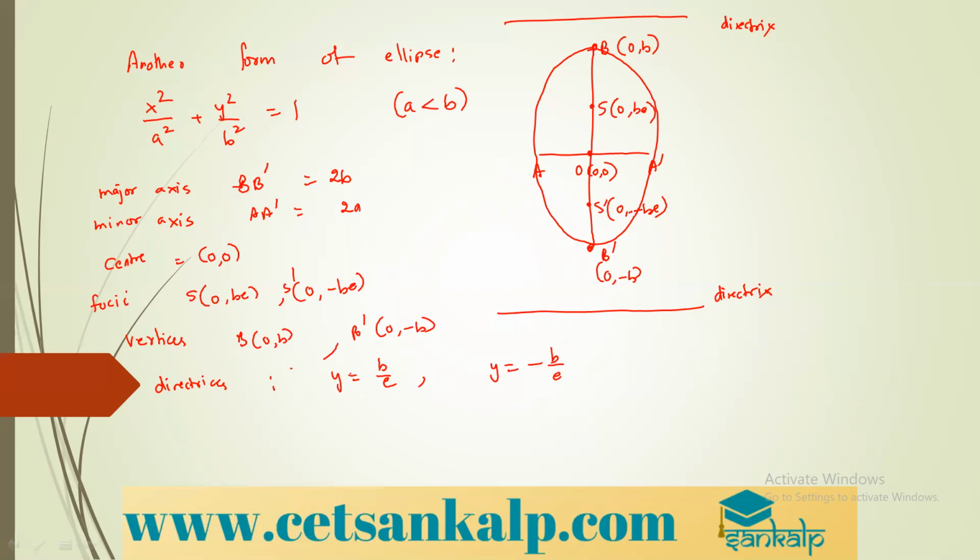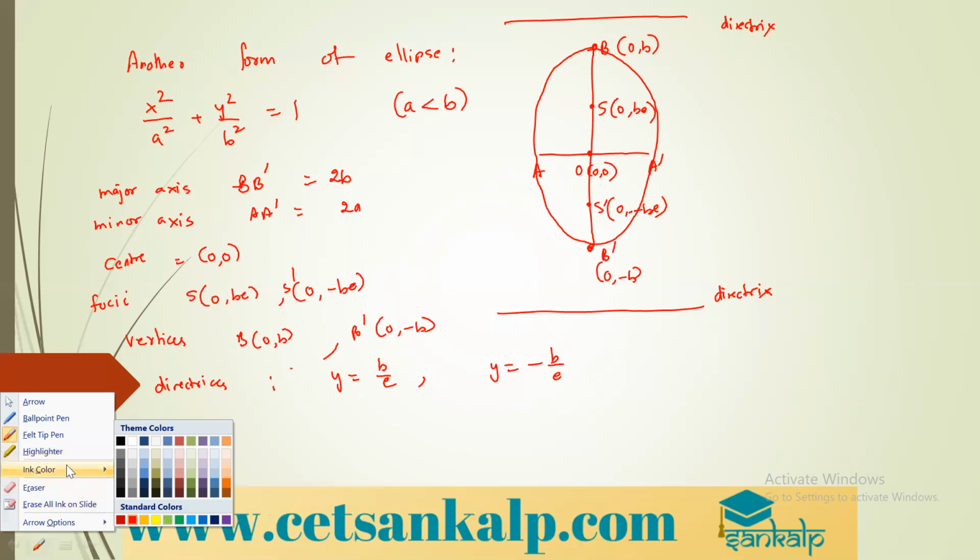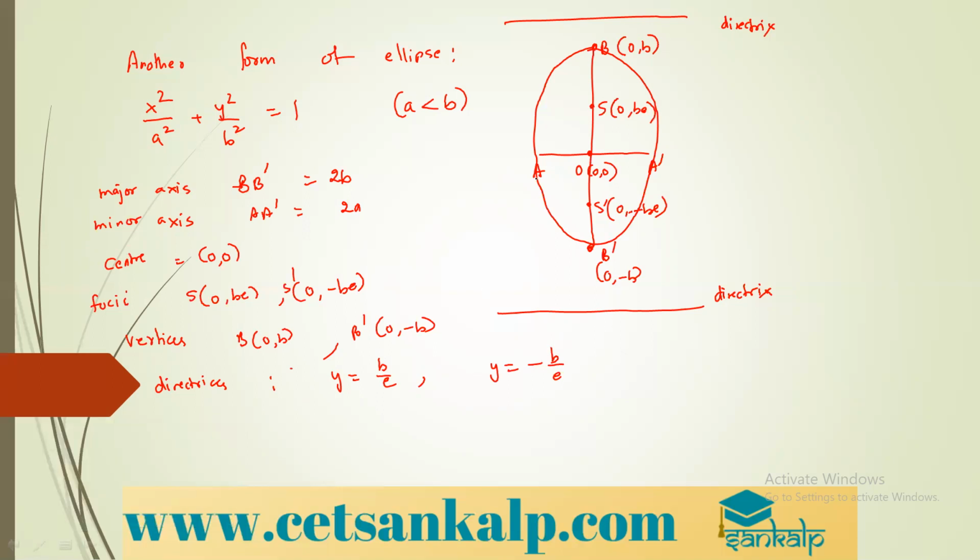Then here, one more thing I want to add in the previous one as well as this one. The minor axis of the ellipse is the x-axis. The major axis of the ellipse is the y-axis.